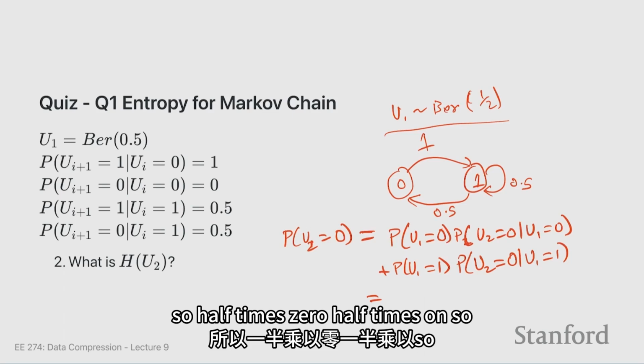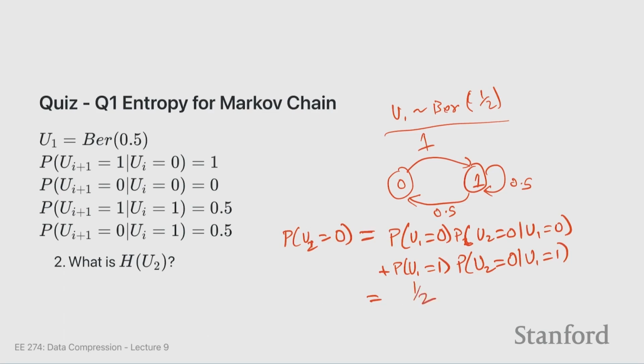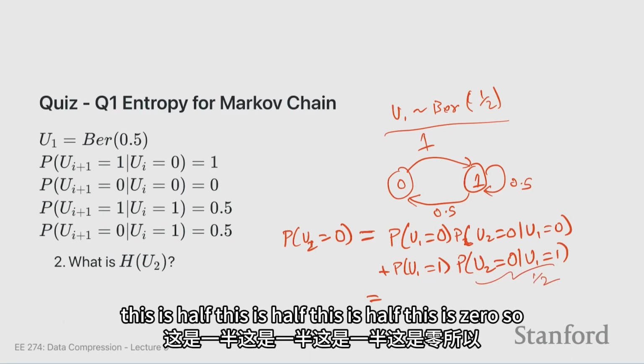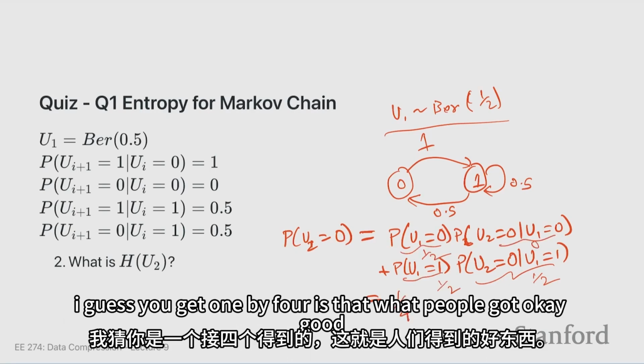So half times 0, half times 1. U1 is half. Oh, right, this term is 0.5. So this is half, this is half, this is half, this is 0. So I guess you get 1/4. Is that what people got?